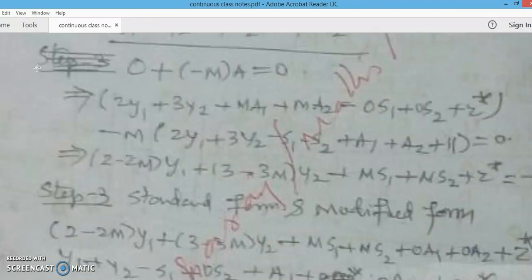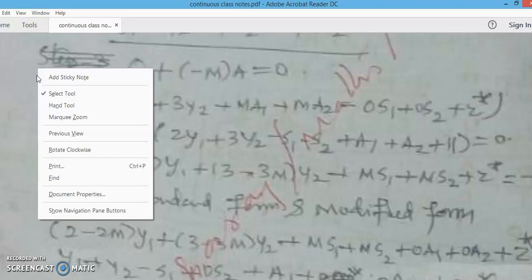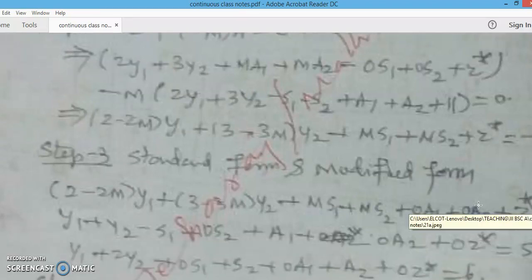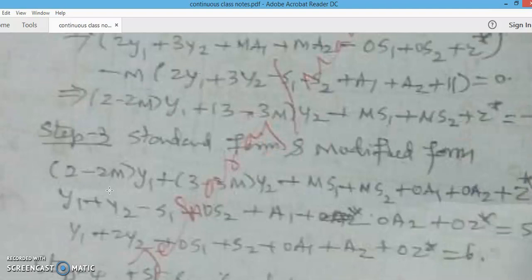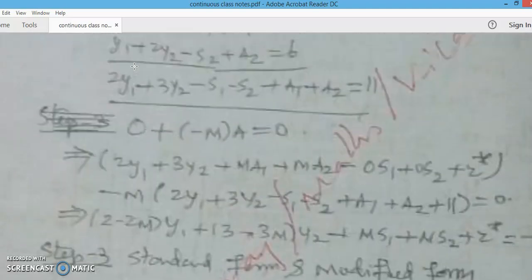Right, now this is what we get here, and then the second constraint we have to write as it is.